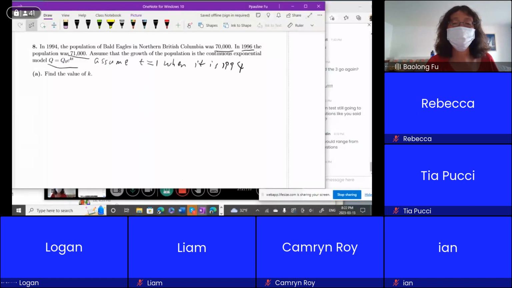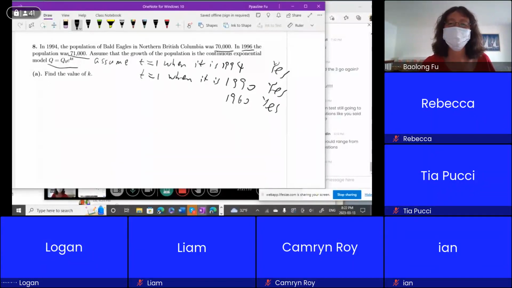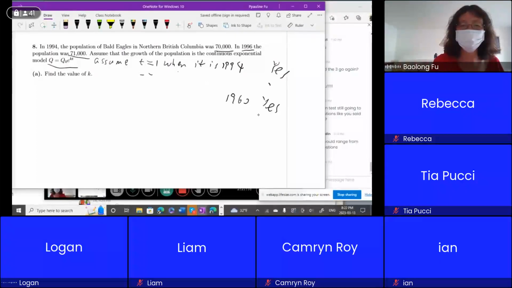Can you assume t equal to 1 when it is 1990? Yes. The answer will be the same. Can you say t equal to 1 when it is 1960? The answer is yes. So why not choose the simple and easy one? So I'll choose the first one. Let's say t equal to 1 represents 1994.